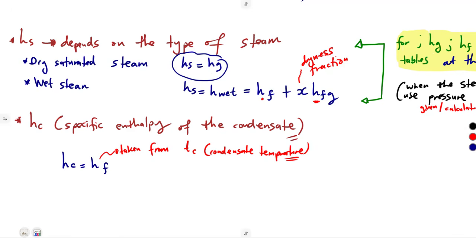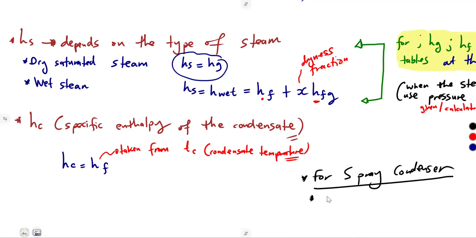So be very careful about this consideration for the spray condenser. I've written a lot of things, I don't know if you're going to follow them. For the spray condenser, the condensate lives at the same temperature as the coolant, TC. I wrote this on the introduction just for the sake of revision. TC is equal to T2.